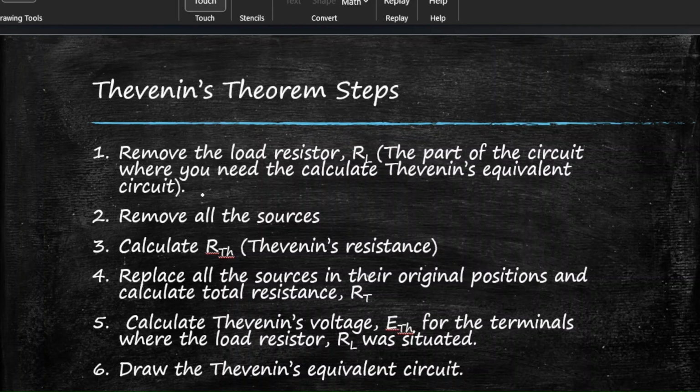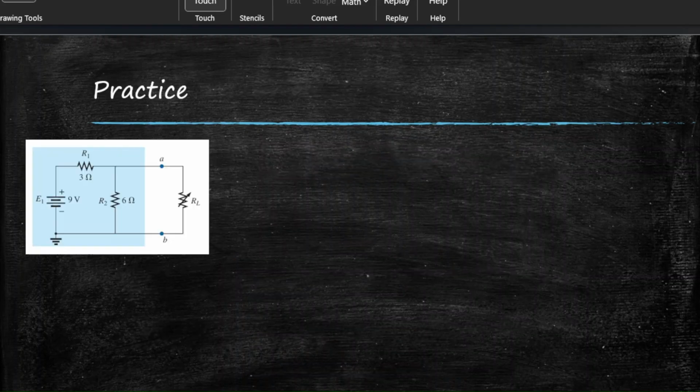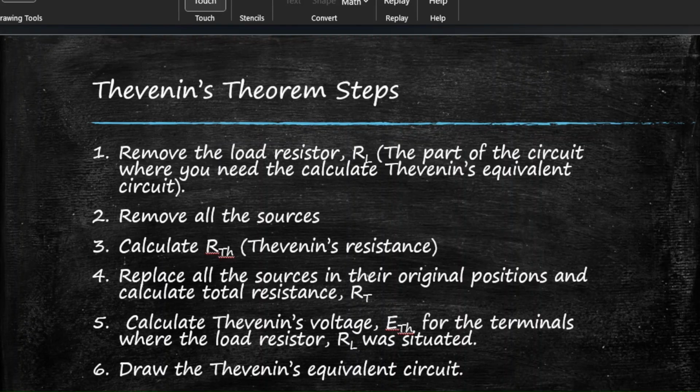So step 1 is to remove the load resistor. Let's do it along with a question. Okay, so we have a circuit given, and this is clearly mentioned as the load resistance, this RL, the last one. So what's step 1? Step 1 is to remove the load resistor RL, the part of the circuit where you need to calculate Thevenin's equivalent circuit.